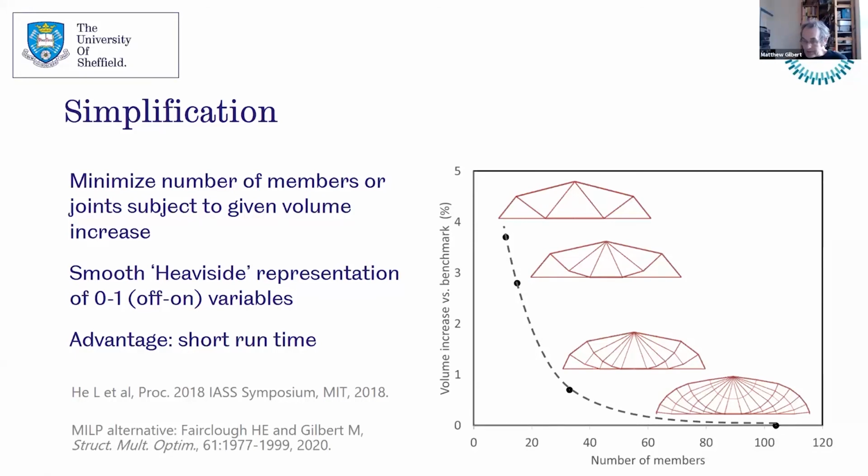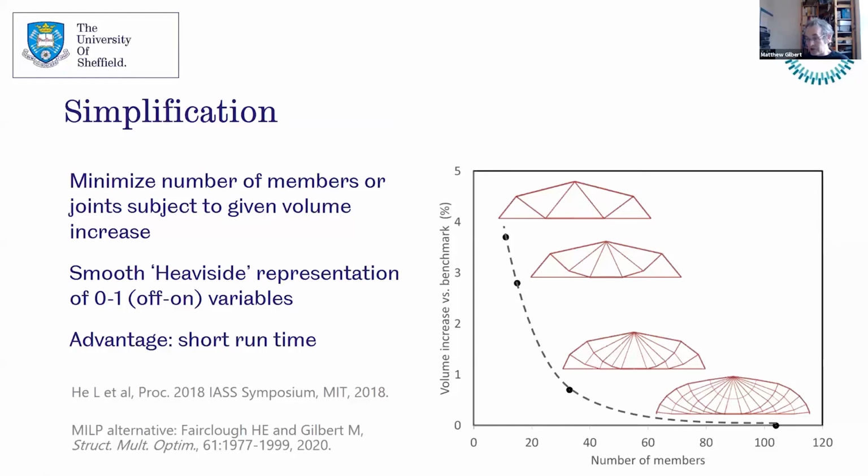The problem with the mixed integer linear programming formulation is that the run times can be large, and it can be quite unpredictable. Sure. The nice thing about the approximate smooth Heaviside formulation is you can get pretty good solutions really quickly.